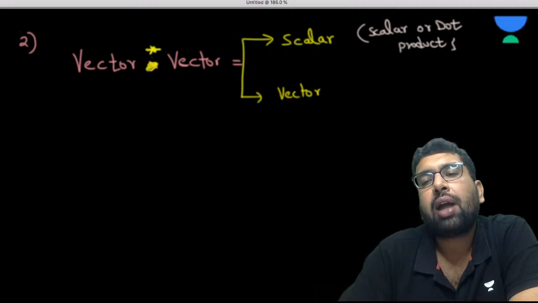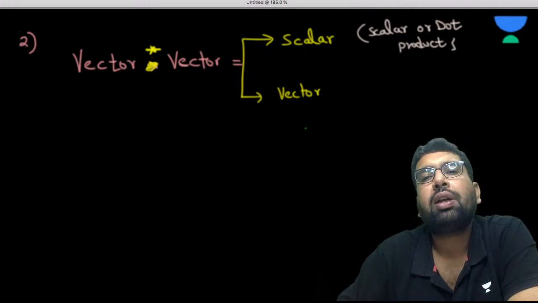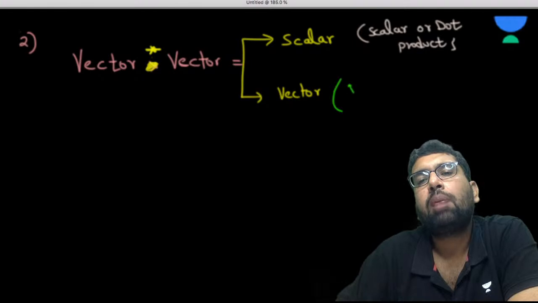And whenever we have two vectors multiplied and we get again a vector, this is called a vector or cross product.